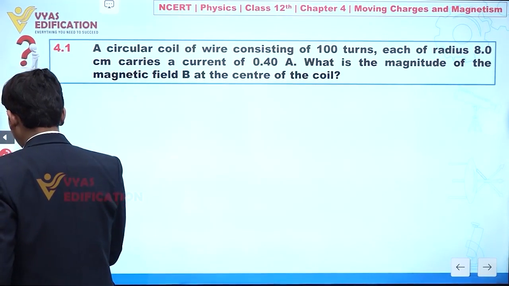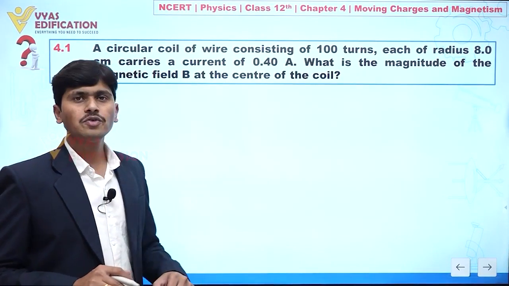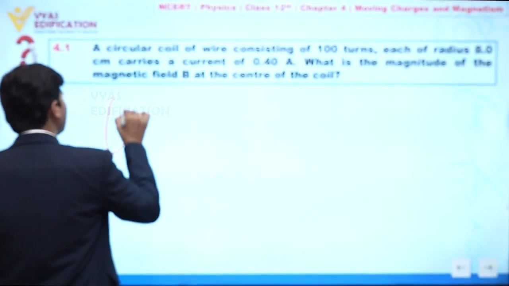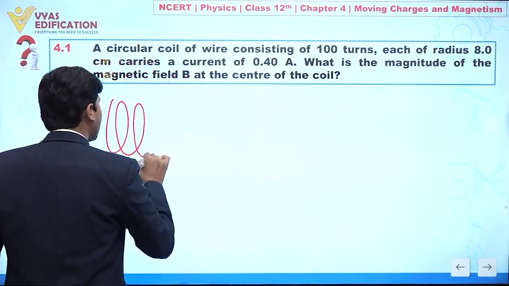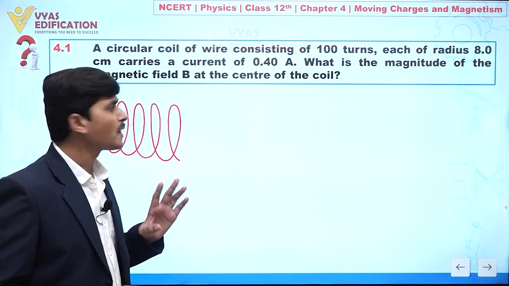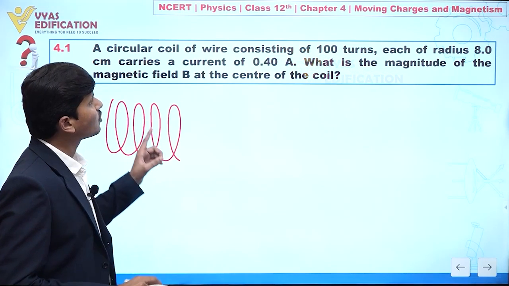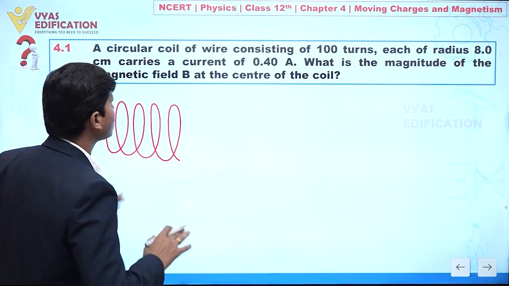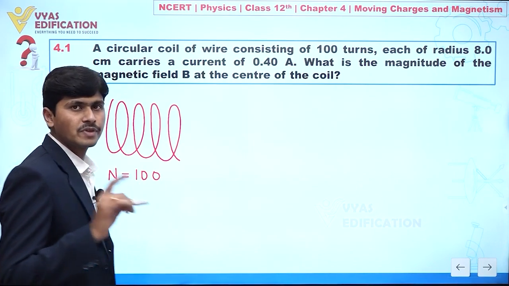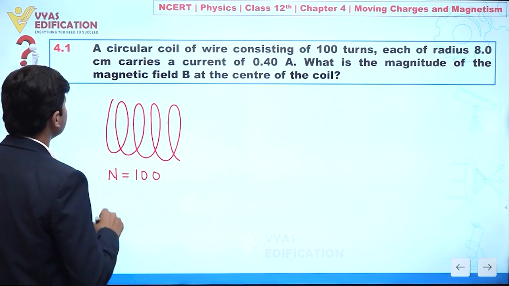In this question it is given to you, we have a circular coil. Let's suppose I am drawing it like this, and each turn has the same radius. So I have a circular coil of wire consisting of a total of 100 turns, so I write capital N equals 100, each of radius 8 cm.